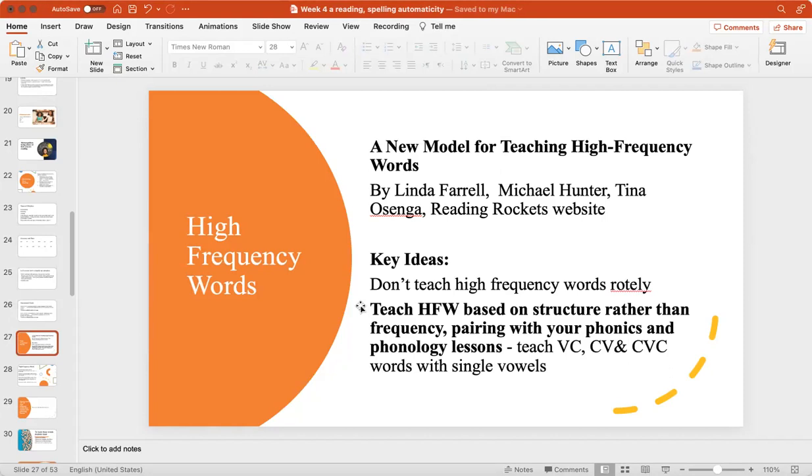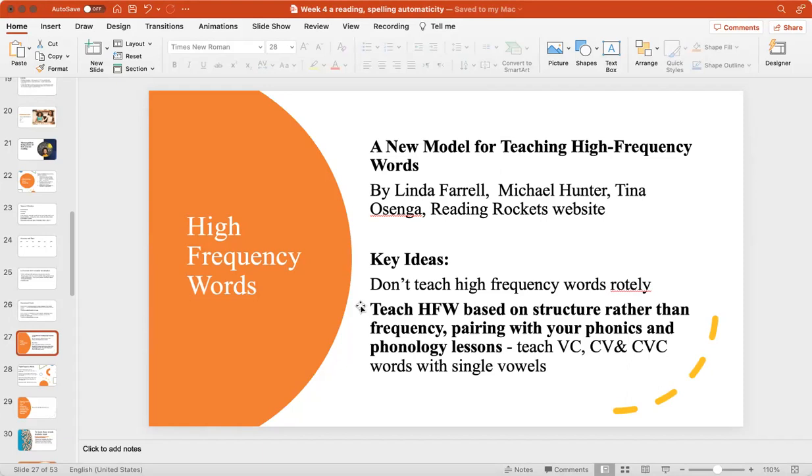It's a new model for teaching high frequency words. It's in Reading Rockets at their website.